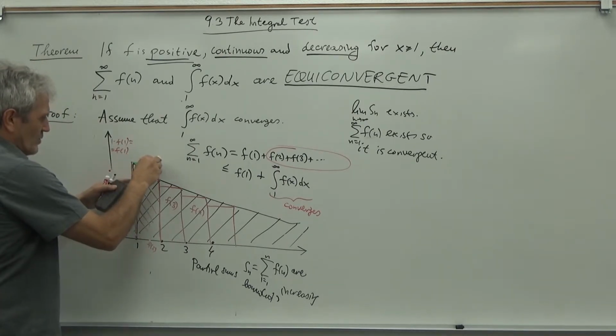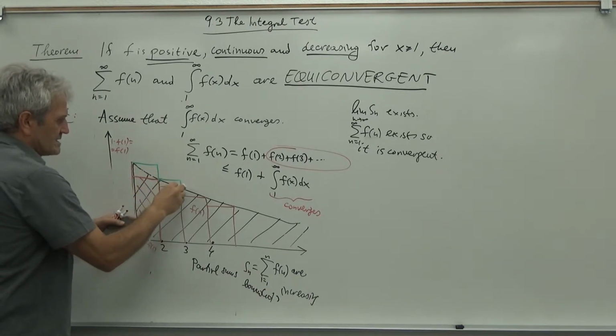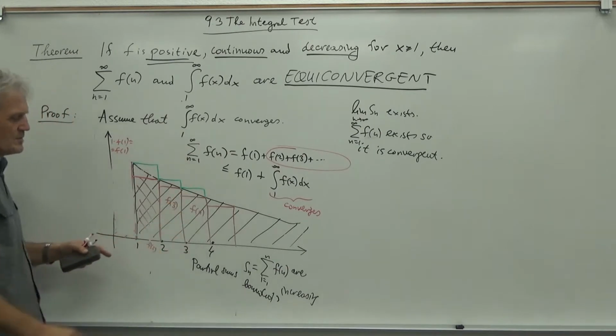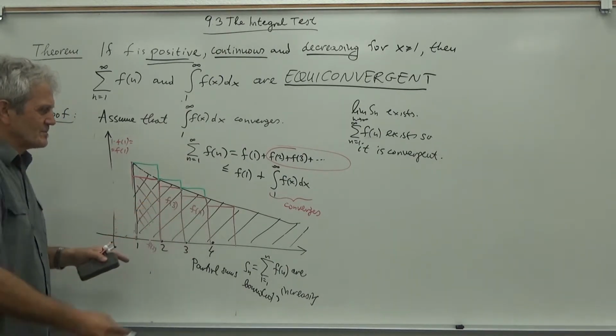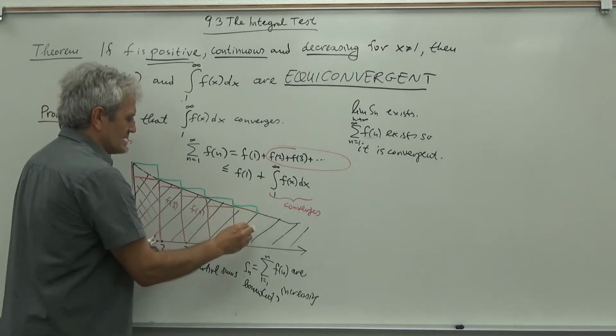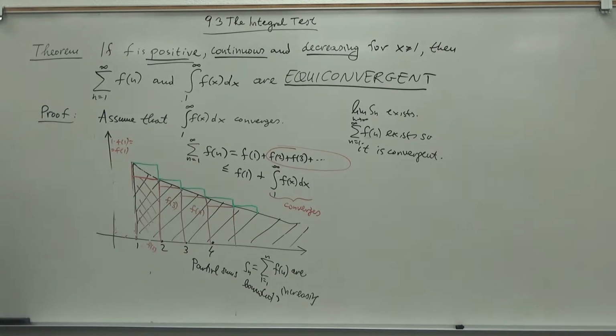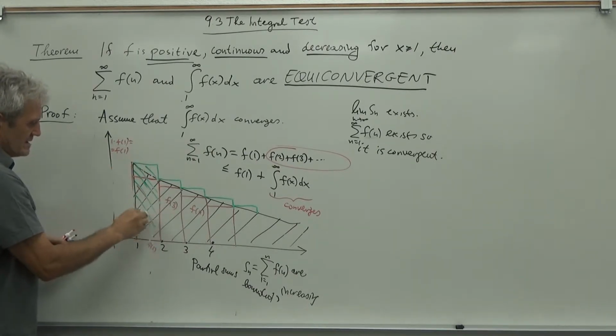So this is my f of 1, stretched to the right. This is my f of 2, stretched to the right. If you stretch to the right, because of monotonicity, your value in the beginning dominates everybody else. So now it's the other way around. These are the boxes, and now they are green.